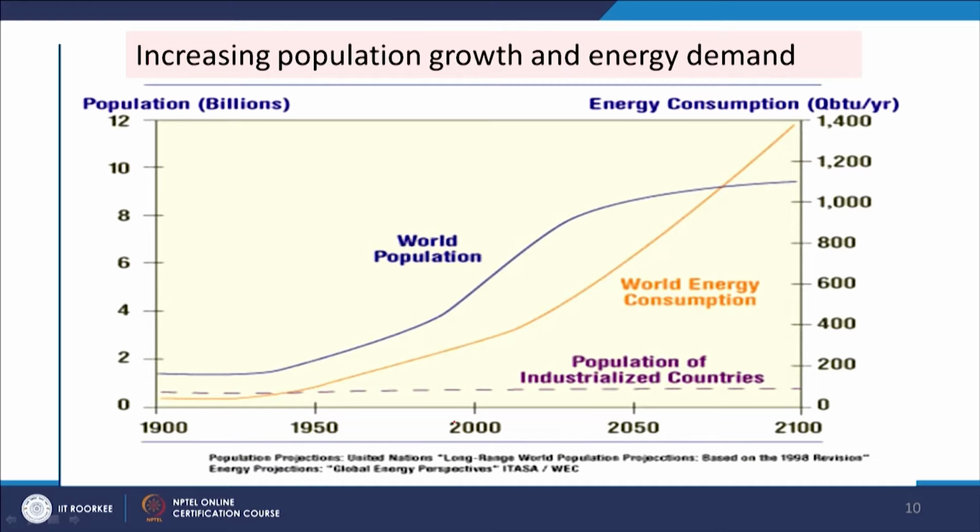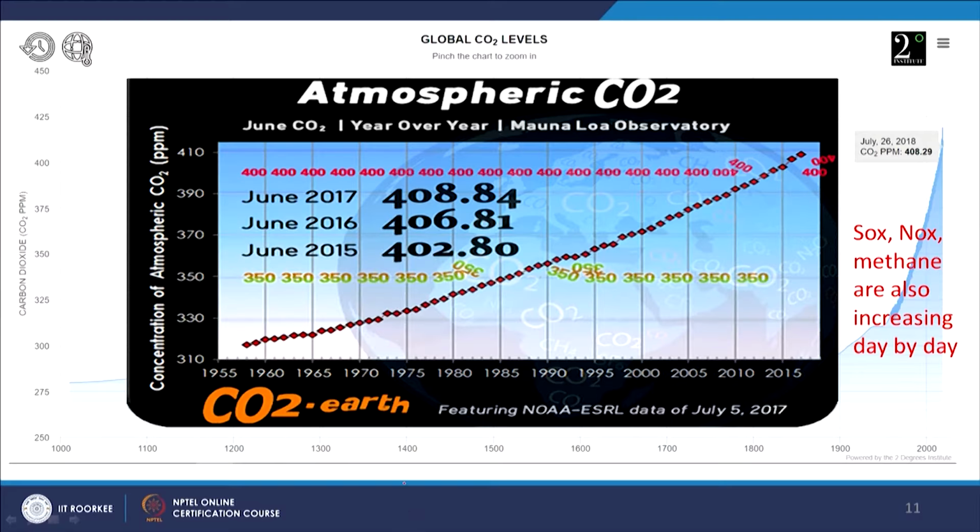Now, if we see this graph, the world population is, say, 7 billion, and it is going to be around 9 billion. World energy consumption is continuously increasing, and at the same time the pollution is also increasing. If we see the graph here, the carbon dioxide concentration is gradually increasing.